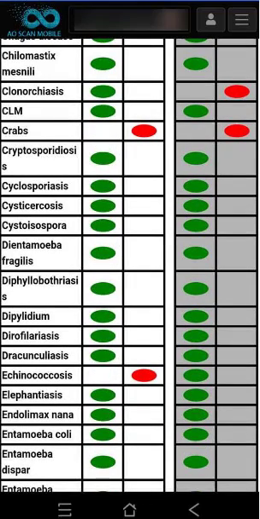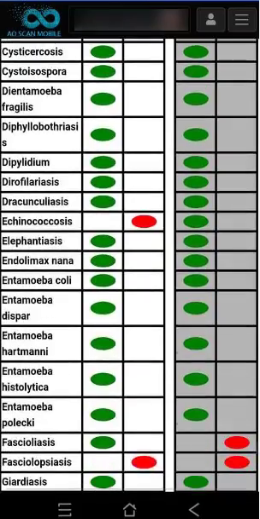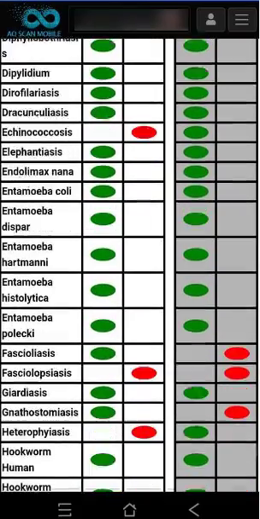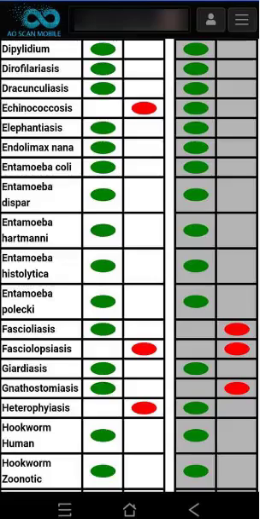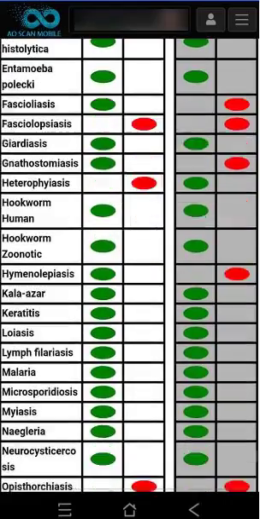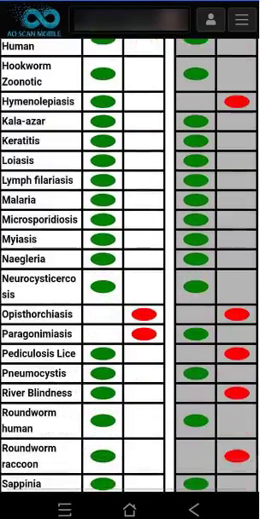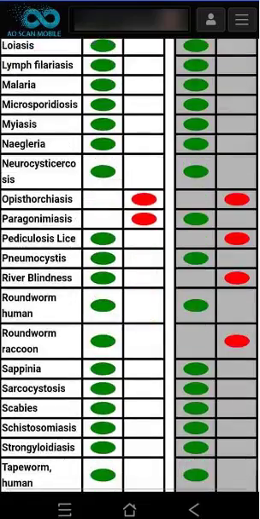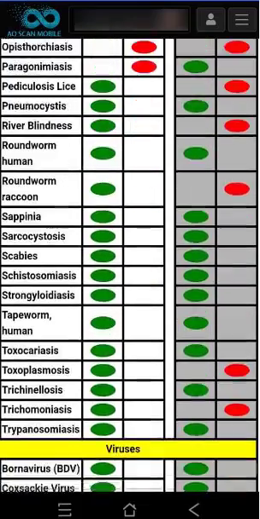And we have Paradex and Paragon, and also it would probably be worth visiting a medical doctor and getting a prescription such as albendazole or ivermectin to help get rid of parasites.